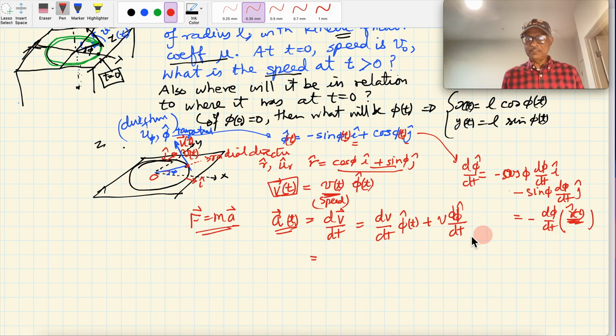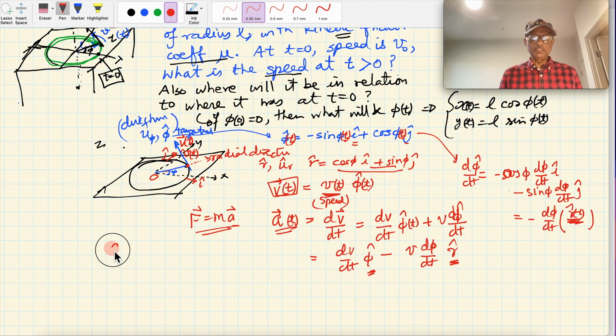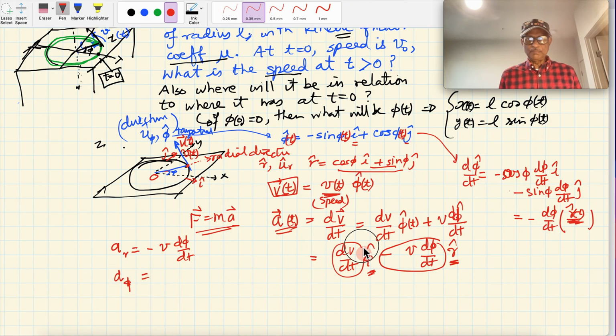So acceleration has a radial part and a tangential part: the phi hat part, and minus v d phi dt r hat part. Sometimes you see this, you say radial is this quantity, minus v d phi dt, and tangential is this part, which is dv dt.